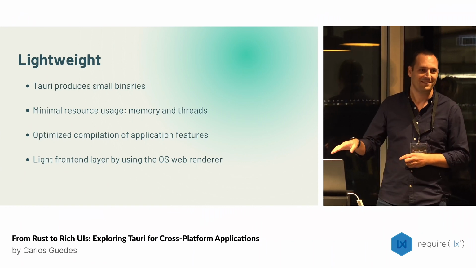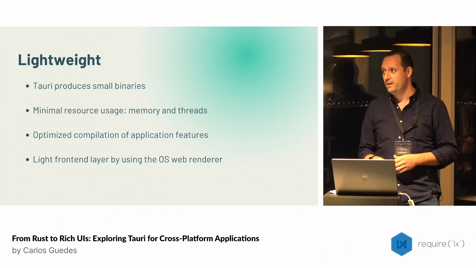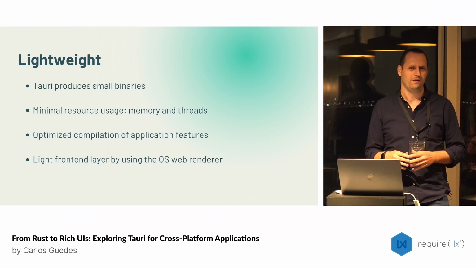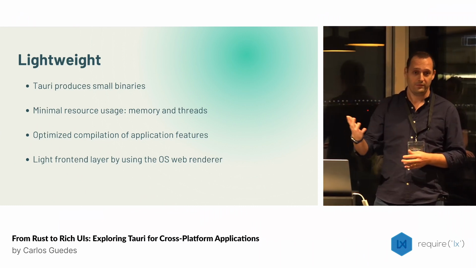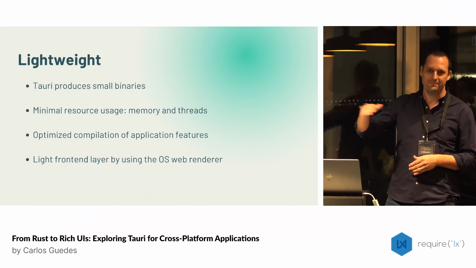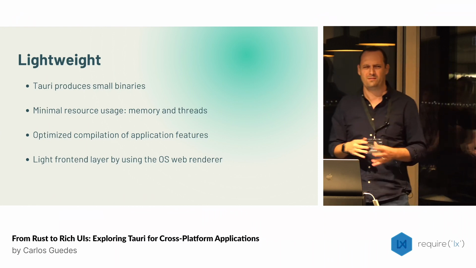I won't show that one because you need to activate certain elements and the app needs to be reasonably simple, but the baseline is quite small. Compare that with Electron, where you get more than around 100 megabytes just as a baseline because of the way they built it.